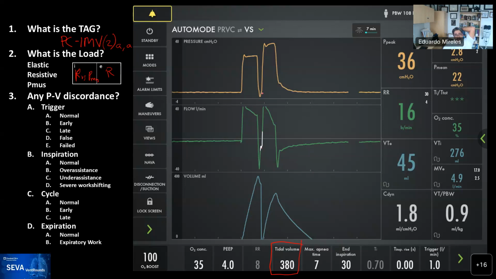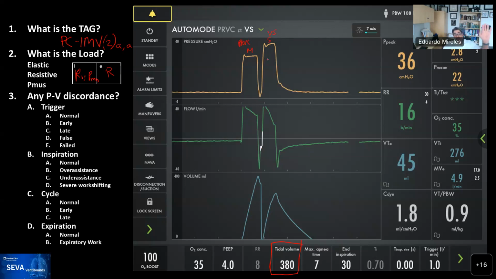You see this drop, and then comes the second breath, which is a volume support breath. So this is a mandatory breath, and this is a spontaneous breath. Technically, just for your brain, this is a PRVC breath, and this is a volume support breath.